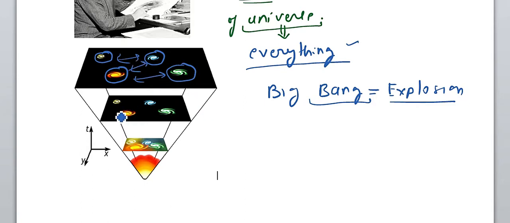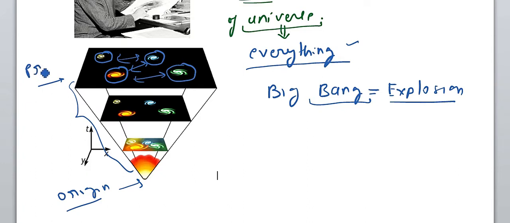This whole diagram represents the Big Bang theory. So this point is the point or the time of the origin, and this represents the present time.